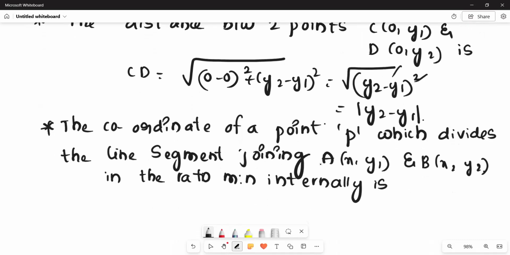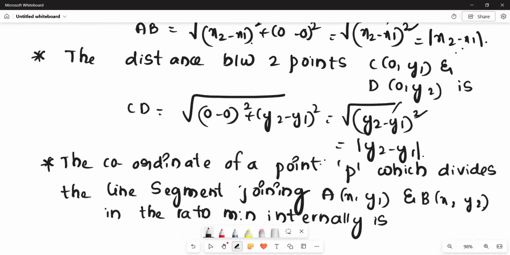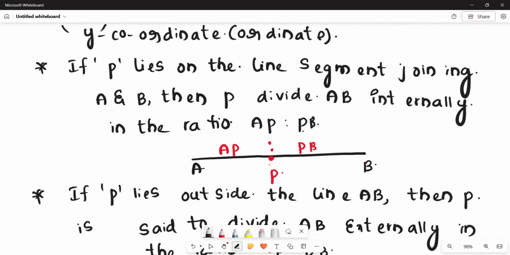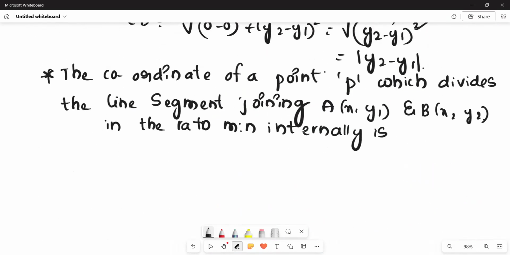internally. As we have discussed about this topic, if you are dividing the line segment by using a point P internally, if it is cutting my line segment in the ratio AP is to PB internally, that ratio is measured by m is to n internally.